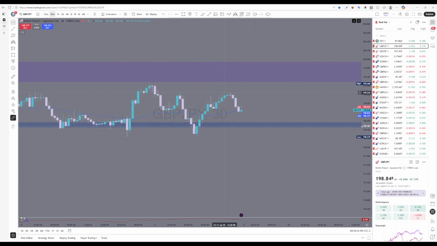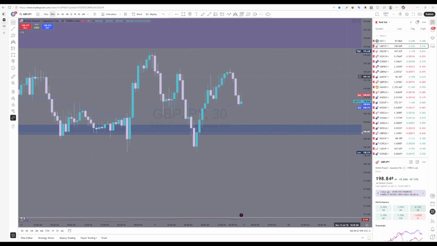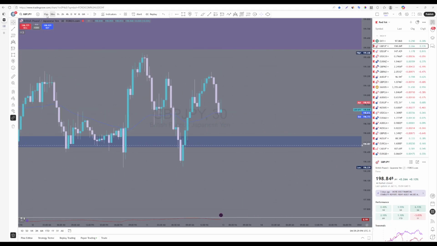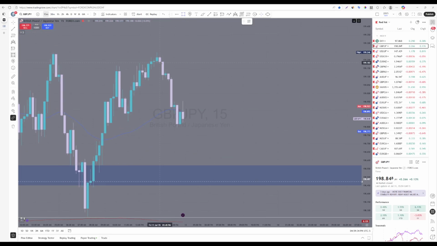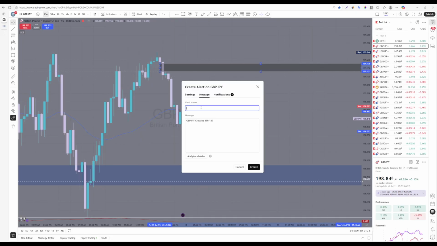We retested, created structure. We broke structure, right? 15 minute, beautiful. We have a zone up here that was never tapped into. Price could give us the reaction, come all the way up in here, which is what I want. Clear this price action.